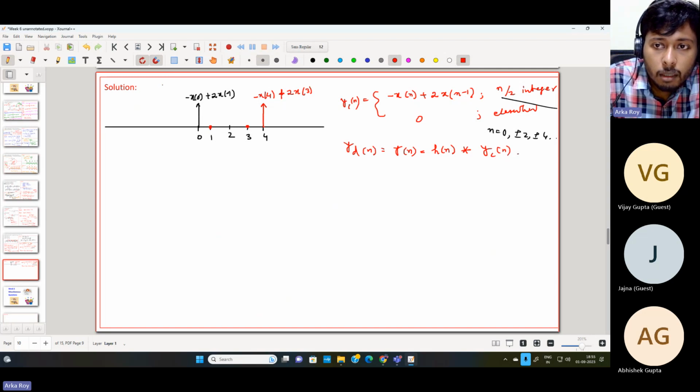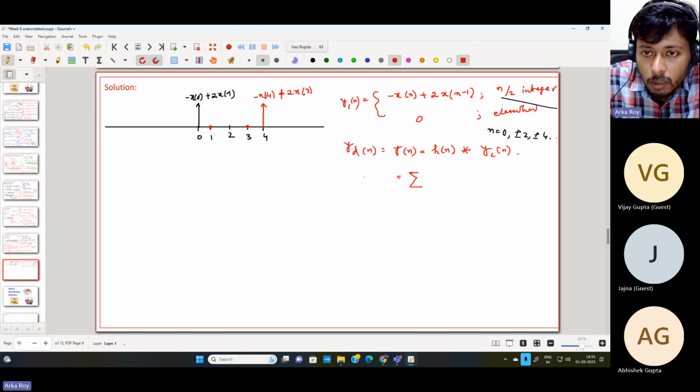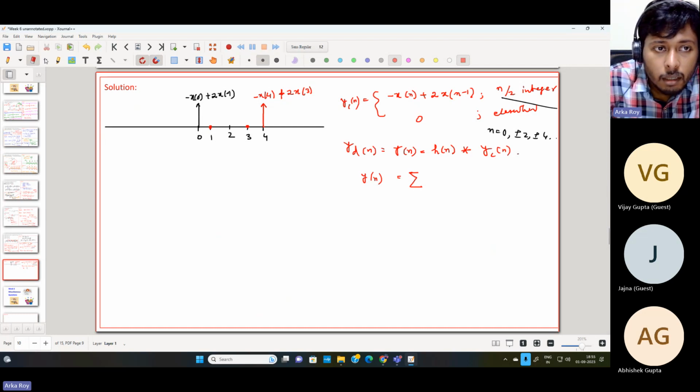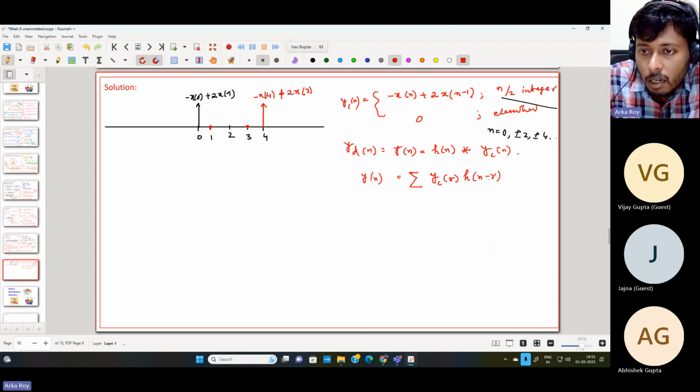Let me write the convolution equation over here. So y[n] is equal to the convolution between h[n] and yc[n], which is the sum of yc[r] h[n minus r], where r runs from minus infinity to infinity.